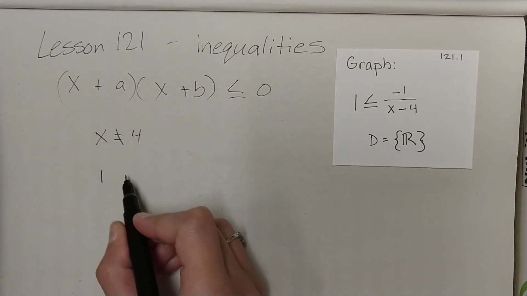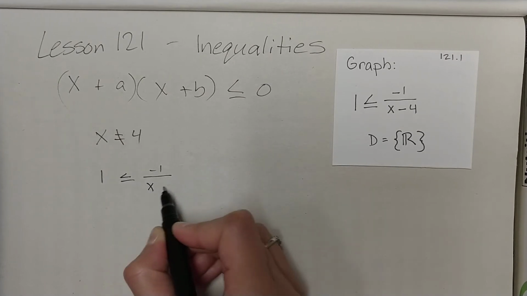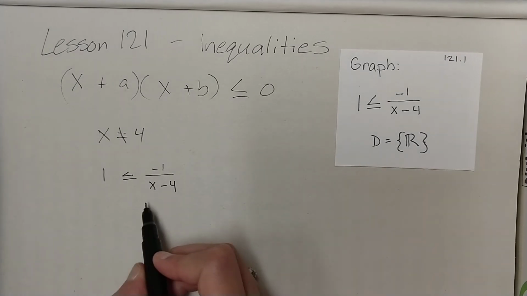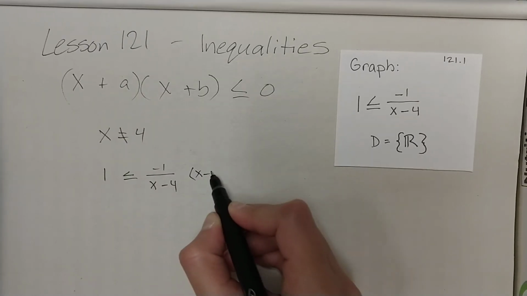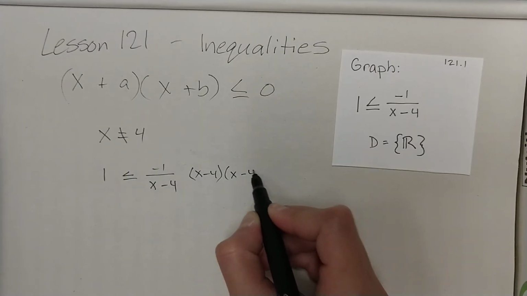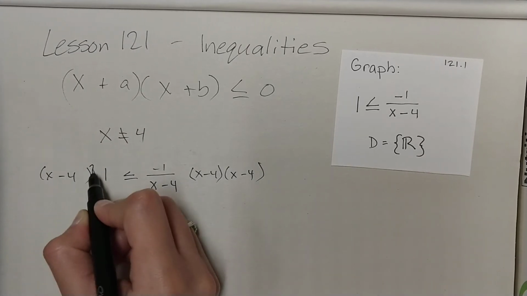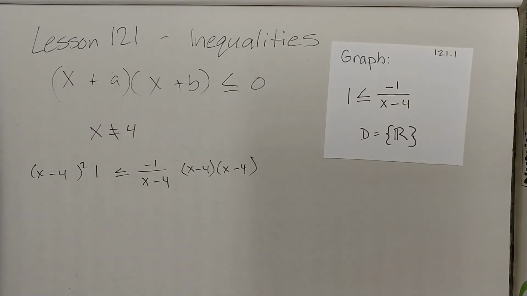So instead of multiplying just by x minus 4, we're going to multiply by x minus 4 squared. That way we know that x minus 4 squared is positive no matter what value x has.